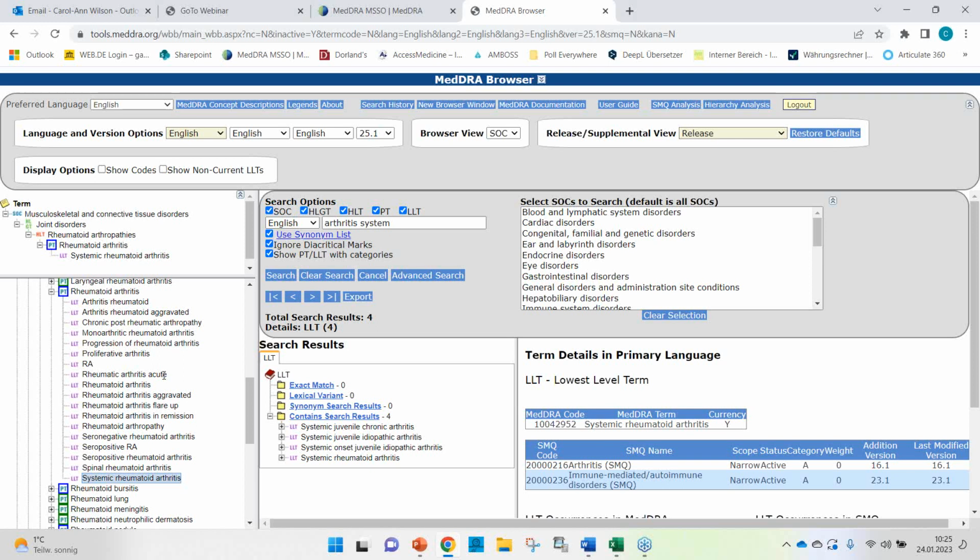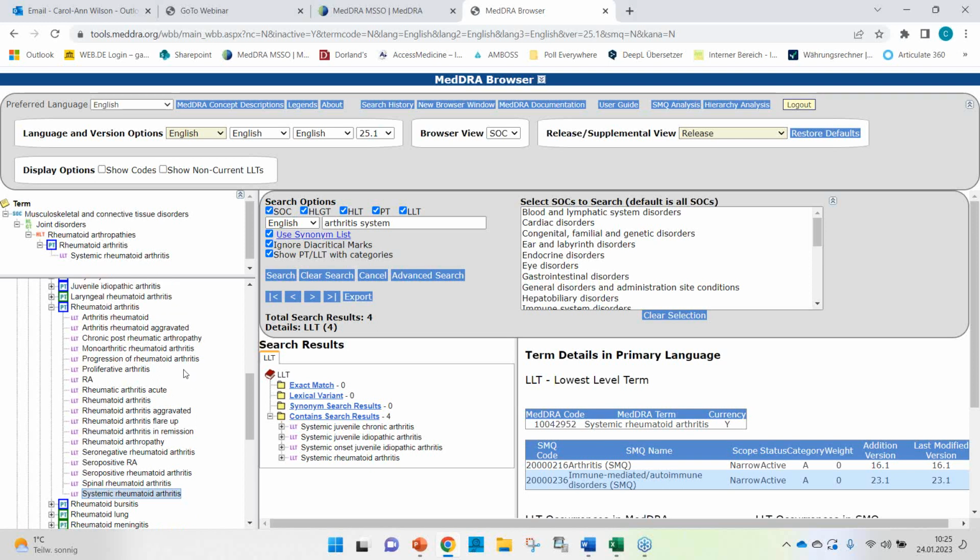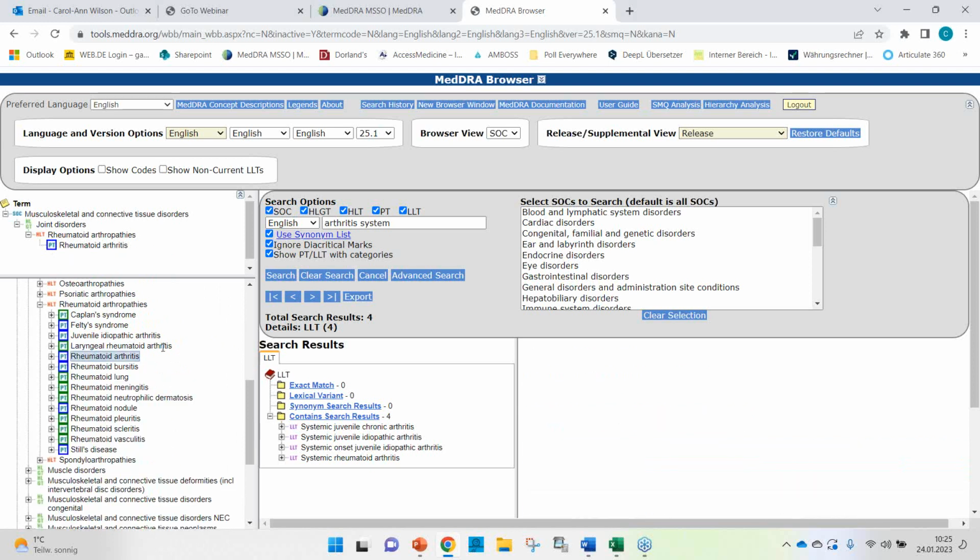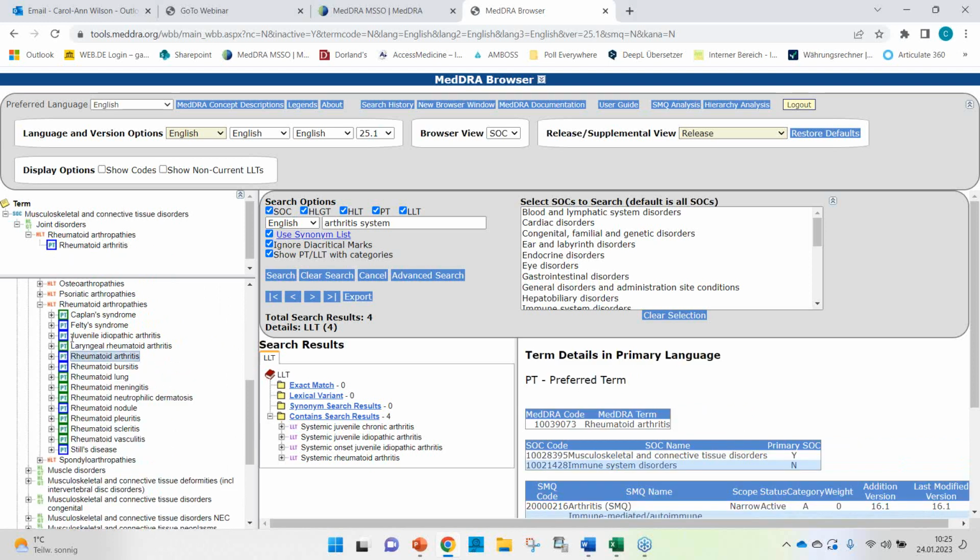There's no term that would contain the information juvenile or adolescent or whatsoever, so nothing. So let us then look at the neighbors here. Here we have a term, juvenile idiopathic arthritis. So here at least we have the arthritis and we have the information juvenile.